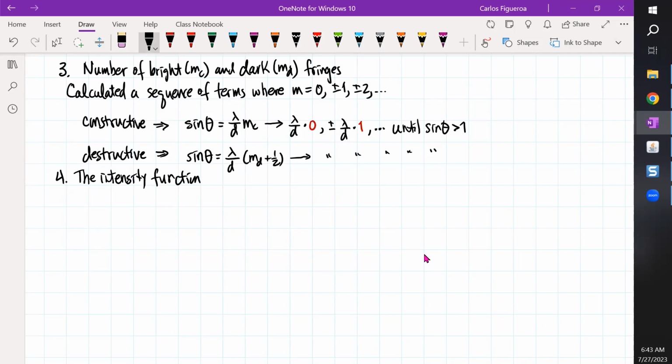What we primarily dealt with was the relative intensity, which was equal to cosine squared of beta, where beta is equal to pi d over lambda sine of theta, and beta was our phase factor.